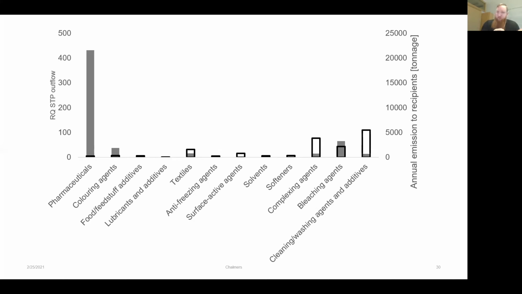Once again, this looks reasonable. We know that bioactive compounds are more problematic gram per gram, so it makes sense that the pharmaceuticals give off a much higher risk. Once again, as a modeler, you're happy when you get to this step because it looks as you kind of guessed that it would. Now, we're just going to break out that bar for the pharmaceuticals and look a little bit at that one.